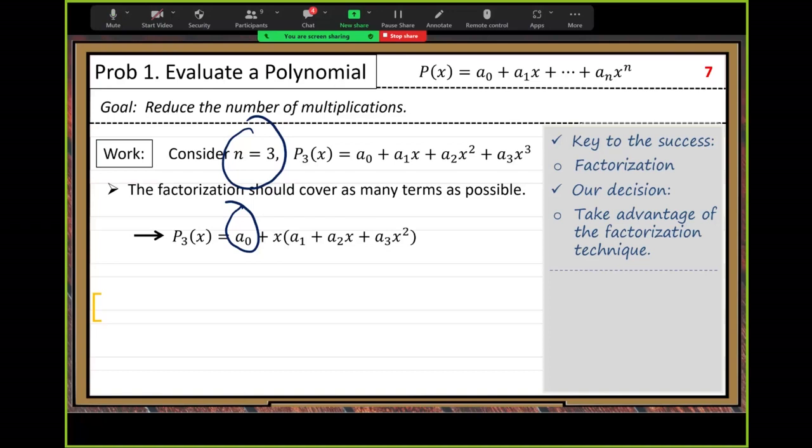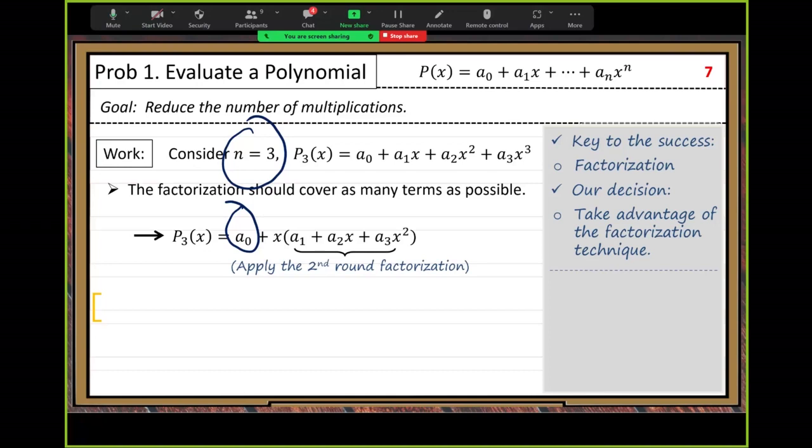It's another quadratic polynomial. Can we do a little more on the quadratic polynomial inside the parentheses? Can we do further factorization, the same as we did in the previous example?